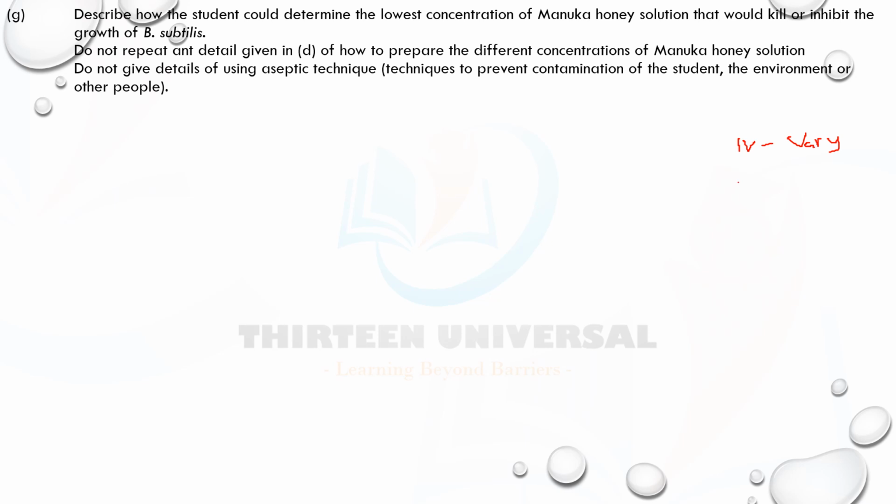Now the dependent variable, DV, is turbidity. How do we measure it? You're going to place this in a logical order, just as if you are in the lab doing this. For the dependent variable, you are concerned with how to measure it. For the independent variable, how do we vary it?